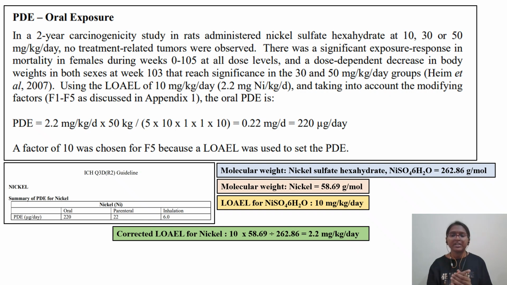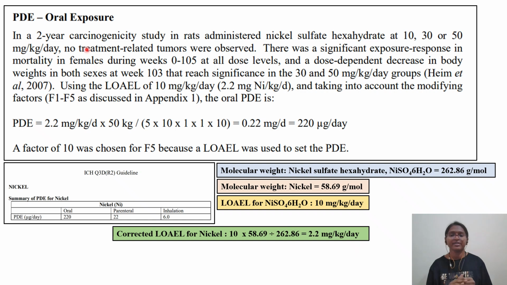How was the oral PDE value of nickel derived by ICH Q3D? They considered a 2-year cancer study in rats. Whenever you derive a permitted daily exposure for a certain chemical, when you do the literature search, you do not always end up with literature on the same chemical.